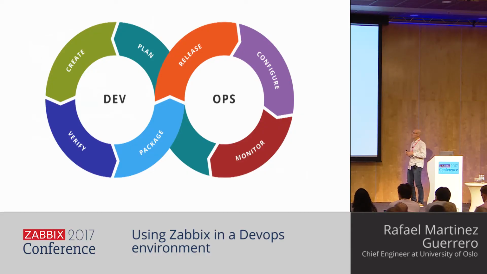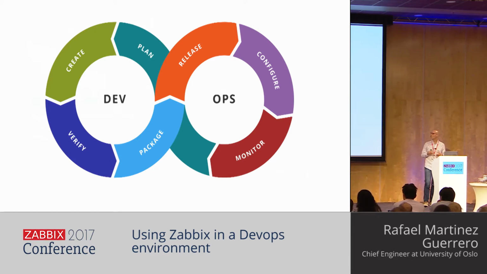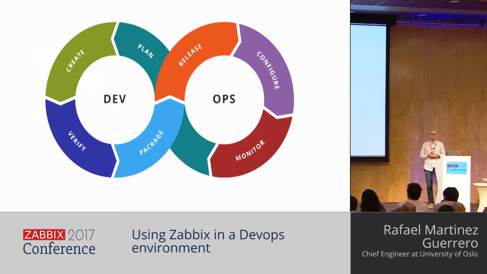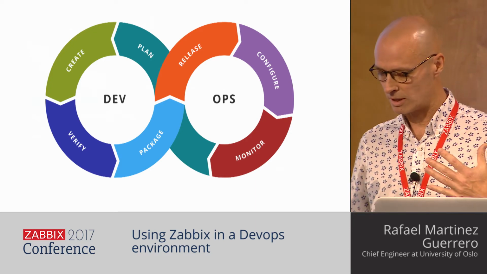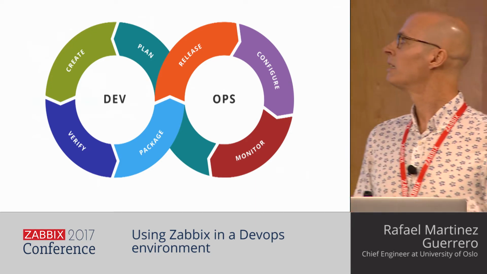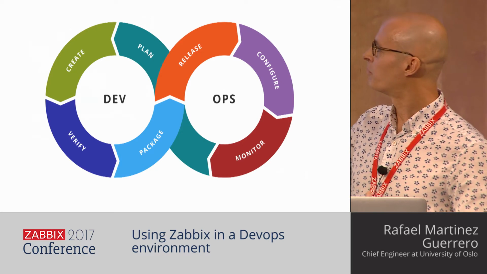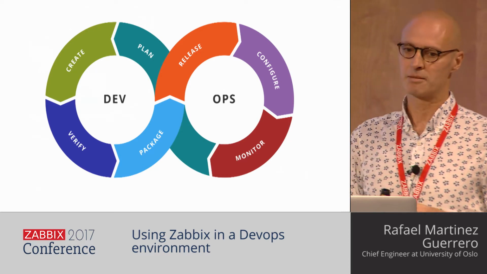About 2 years ago, some of the developers contacted us and they needed help to monitor all these web applications. They were trying to implement a DevOps environment where they could work in a better way, and they were missing the monitor part of the process.